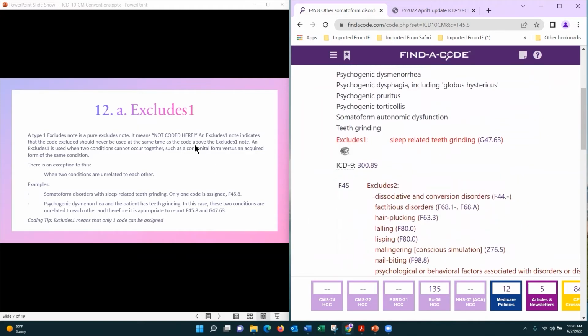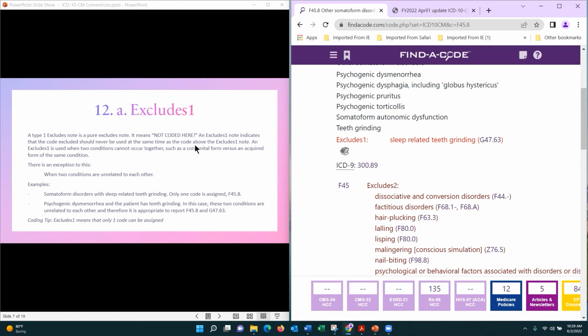Now, what about the example that is in the conventions? It talks about the conditions that are unrelated. So here we've got psychogenic dysmenorrhea, which is menstrual cramps, and the patient has teeth grinding.